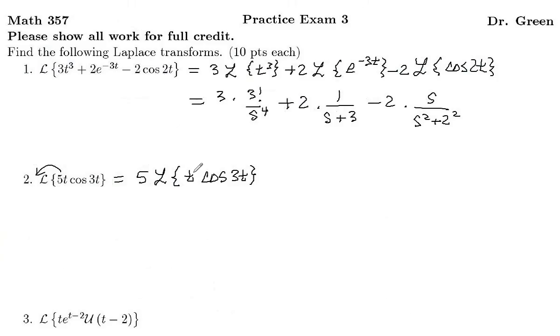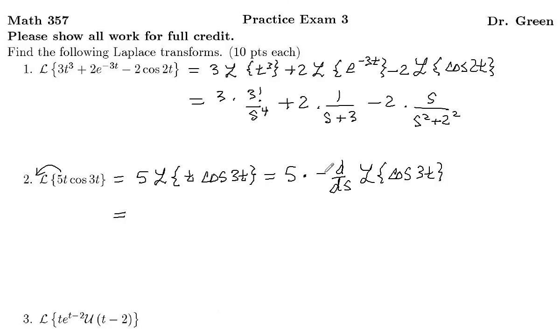So we've got 1 derivative, so we've got a 5 out in front, and then it's negative 1 sign change and 1 derivative of the transform without the t, the transform of cosine 3t. And this again is s over s squared plus k squared.